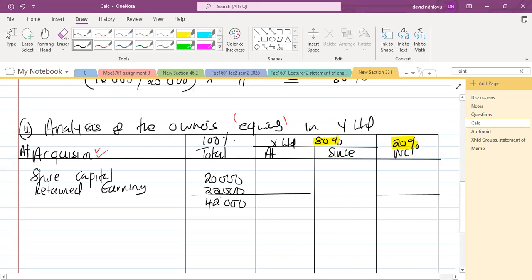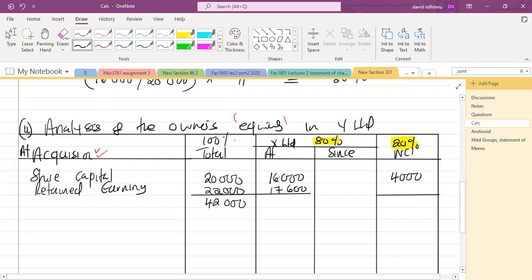But remember, we only own 80%, which is what we are buying, right? 20,000 multiplied by 80% gives 16,000 here, which means the NCI have a shareholding in terms of share capital, which yields a 4,000 value. 22,000 multiplied by 80%, we are going to get 17,600, right?